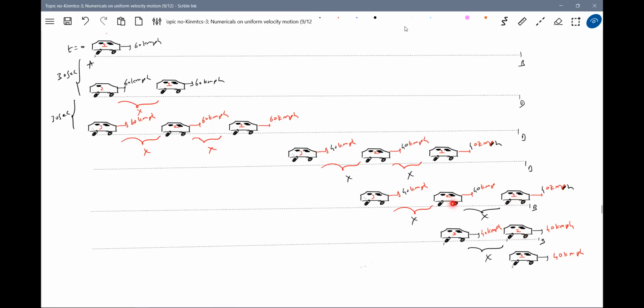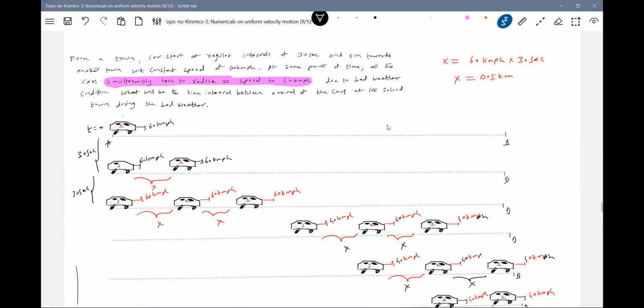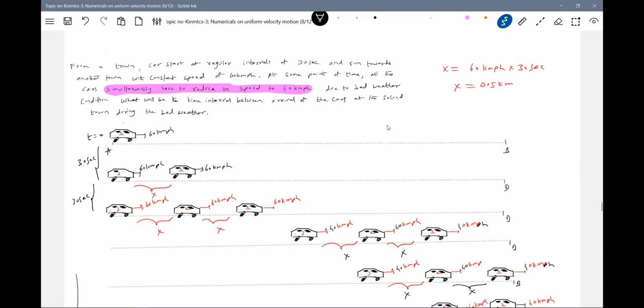After what time will car 2 be at station B? It has to cover a distance x with what speed? 40 km per hour. So what is T2? Earlier we wrote T1, 30 seconds. X is V1 into T1.